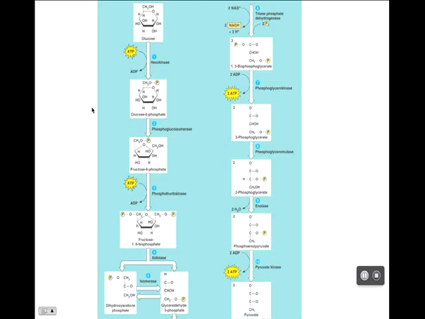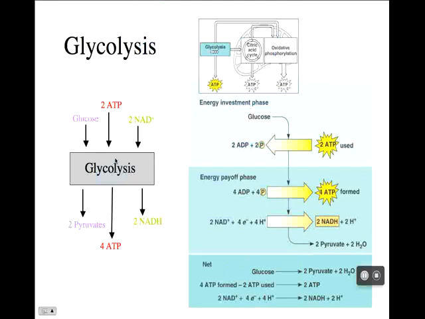What I want you to recognize, however, is that the term glycolysis is a whole bunch of enzymes all functioning together. That's the level that I want you to know. I want you to know what goes in and what comes out, the black box approach that I have here. But I wanted you to recognize that this glycolysis box actually is a whole bunch of different enzymes functioning together.